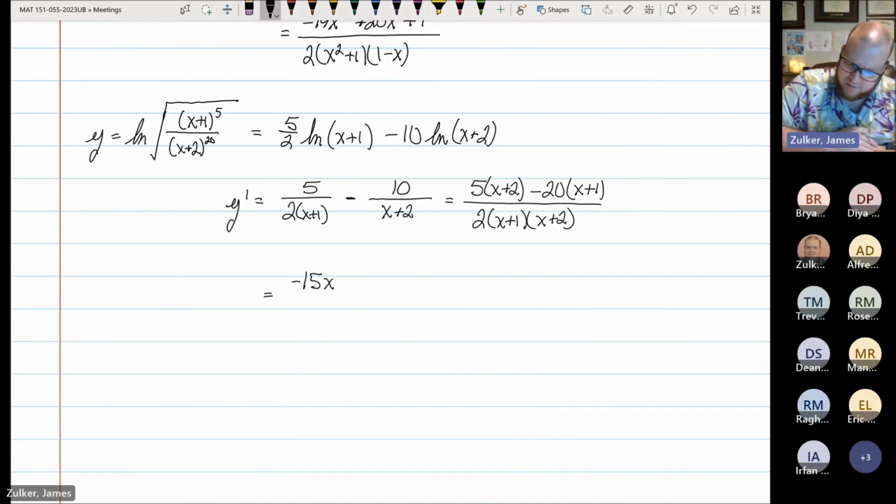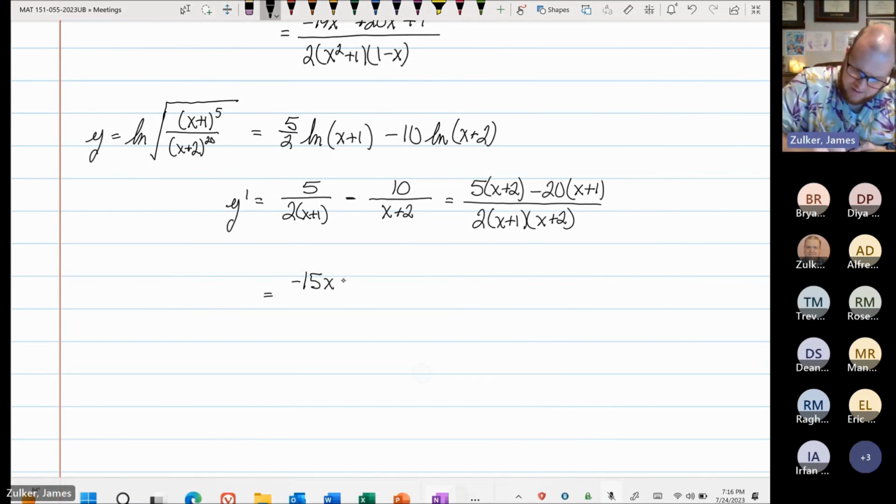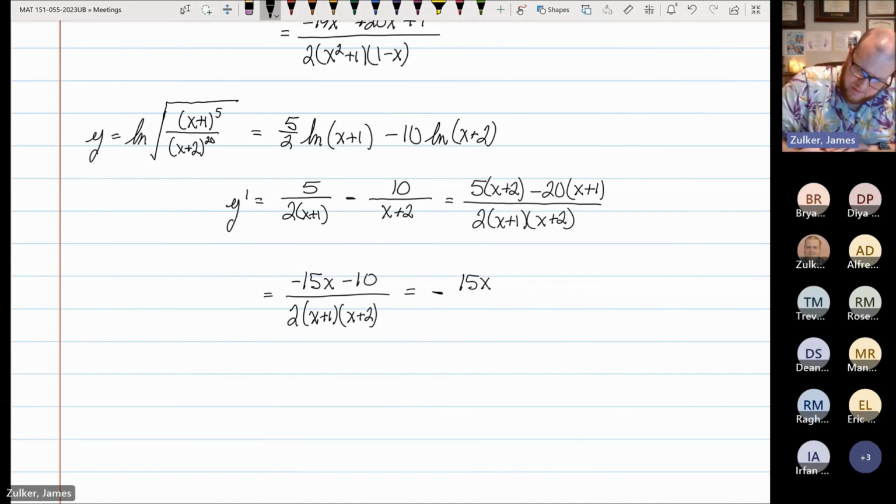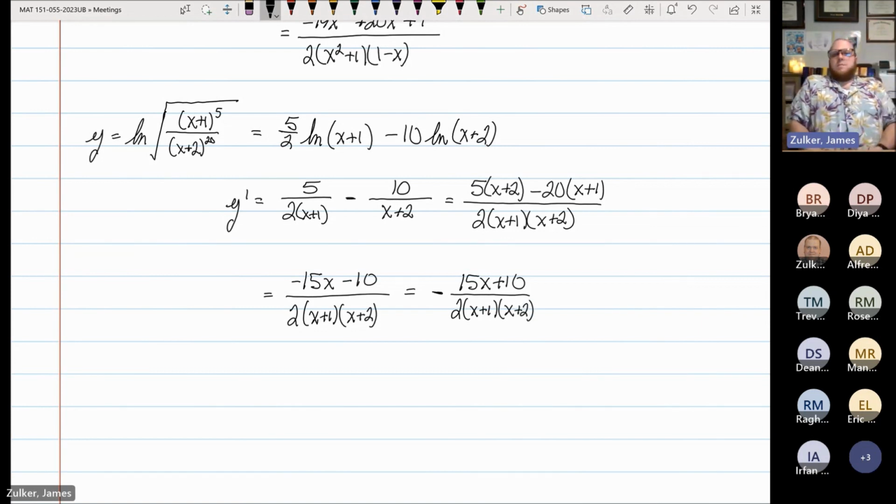Minus 20x. We get 10 minus 20. All right, and that would be the derivative then, simplified.